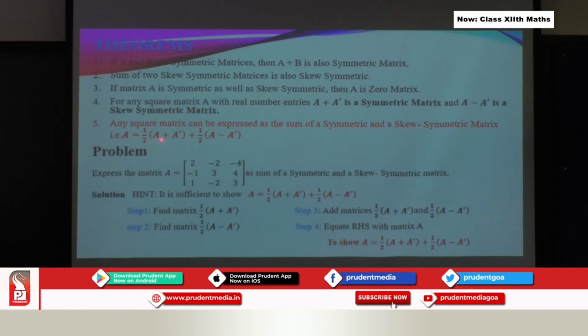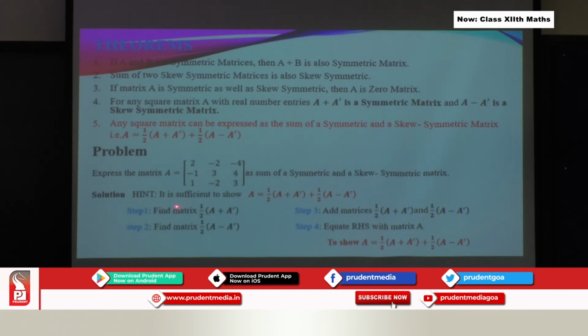Now what kind of problems will you have on this theorem? Here the problem is: express the matrix A as the sum of a symmetric and a skew symmetric matrix. When you get this kind of statement, you need to prove this statement. You can see this is your LHS, this is your RHS.